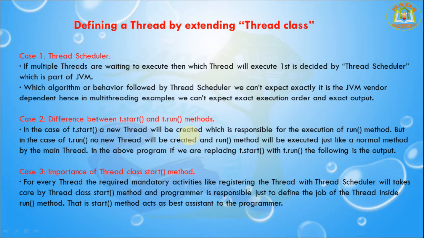Which algorithm or behavior is followed by the thread scheduler we can't expect exactly. It depends on the JVM vendor. Hence, in multithreading examples, we can't expect the exact execution order and exact output.